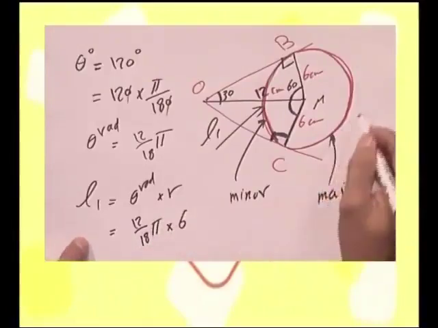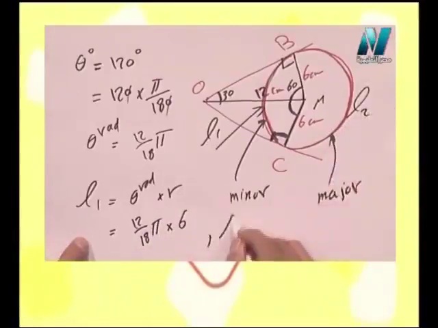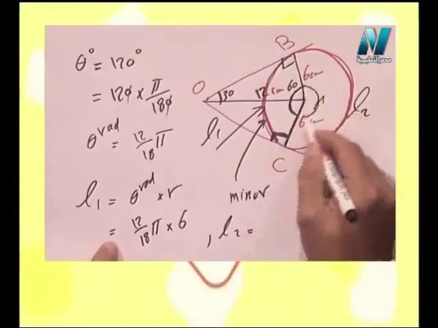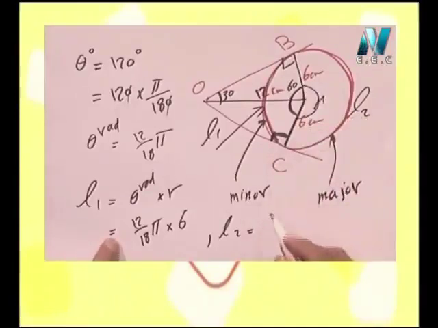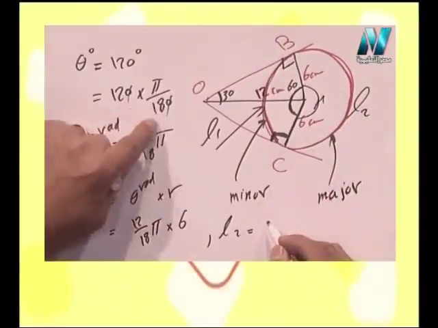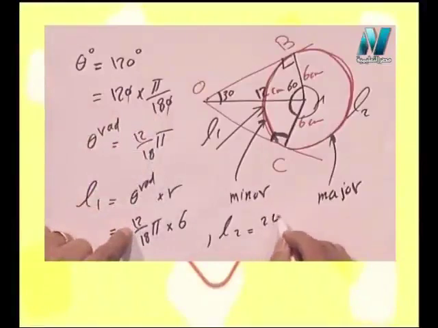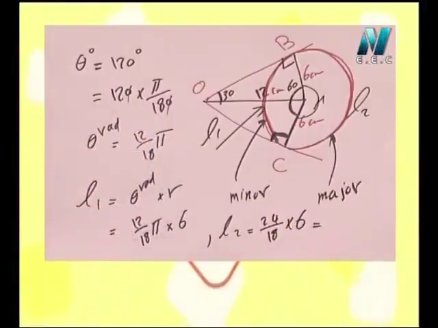And L2, the major one, equals theta rad, which is 240. 240 multiplied by pi over 180 will be 24 over 18 pi multiplied by 6, and you can calculate it using a calculator.